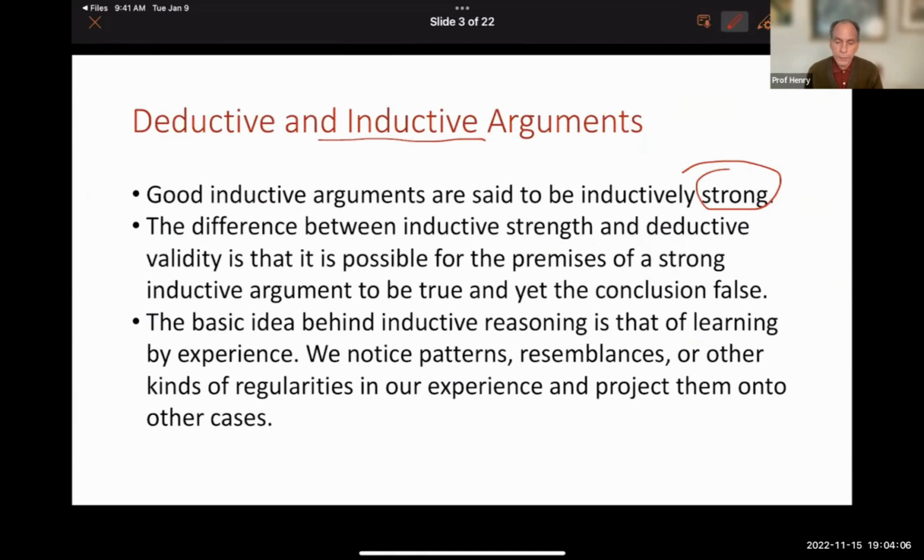The thing with inductive arguments is that the premises could be true, but the conclusion could still be false. What do you think about that? You have strong premises, but the conclusion could still be false.